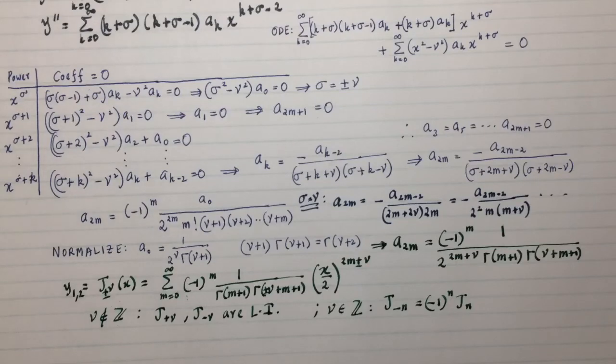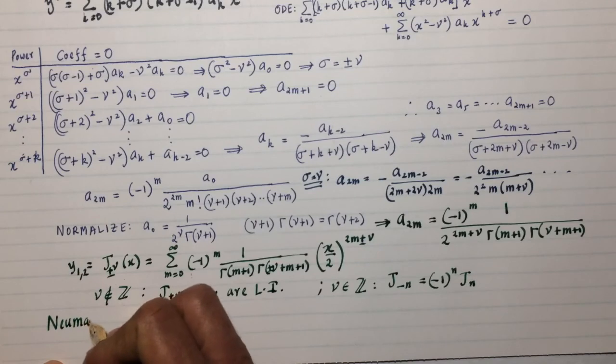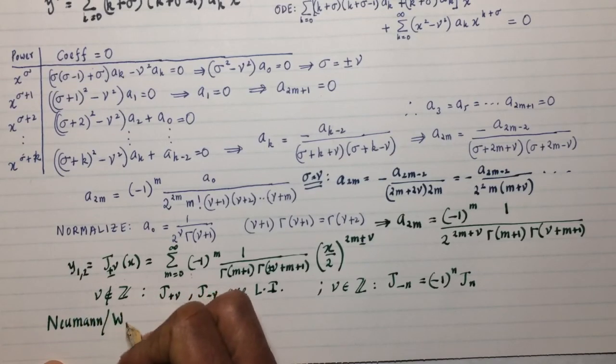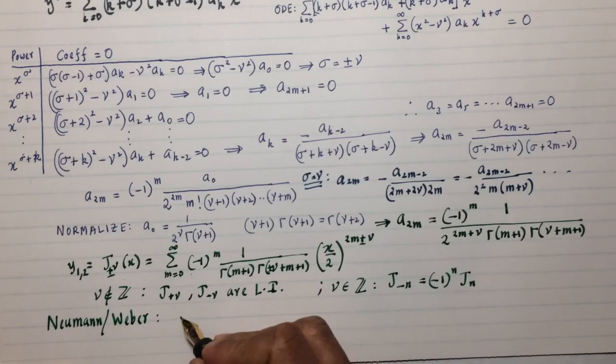Well, there is a second independent solution known as the Neumann solution, or the Weber solution, and I've seen it most commonly written as y, but sometimes also as n.